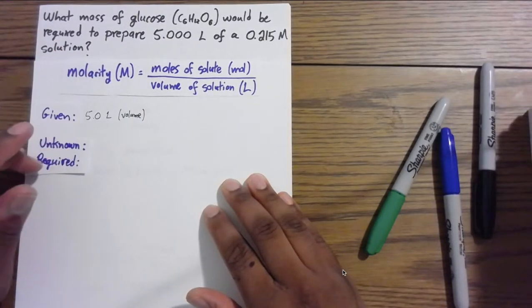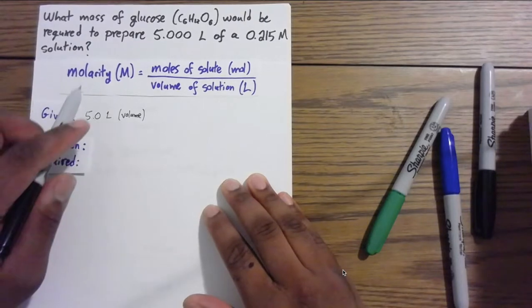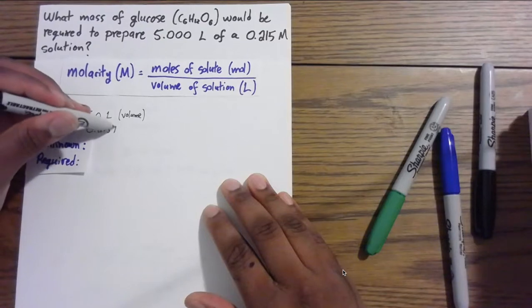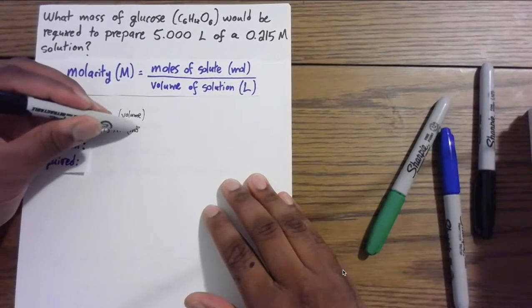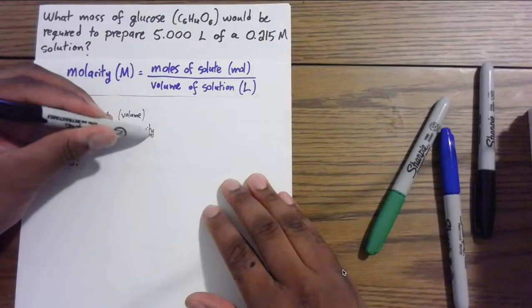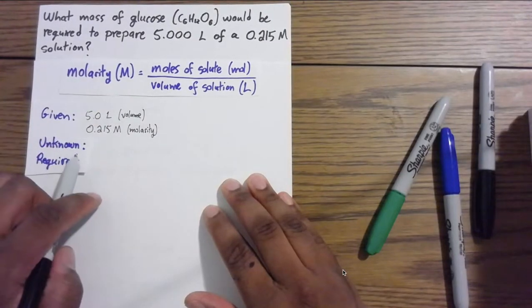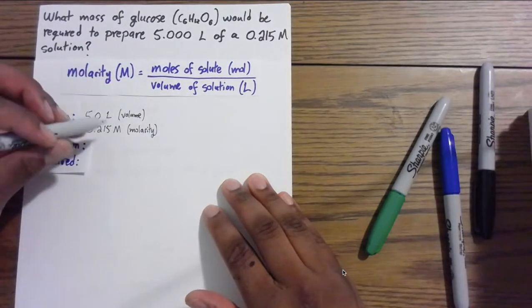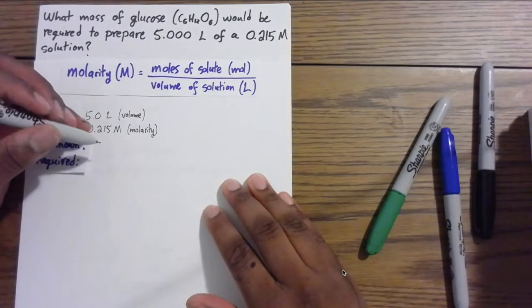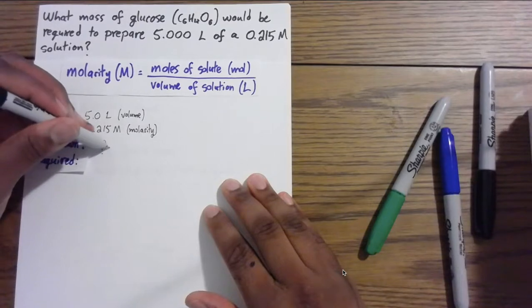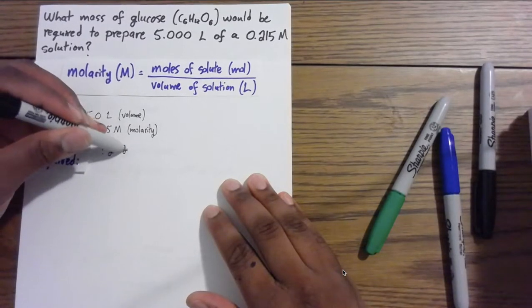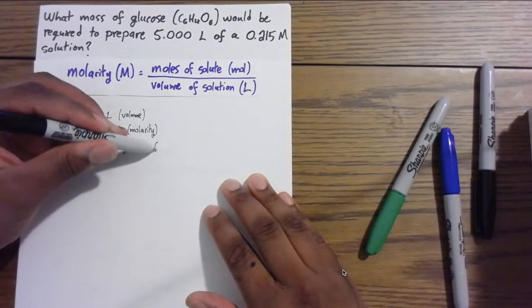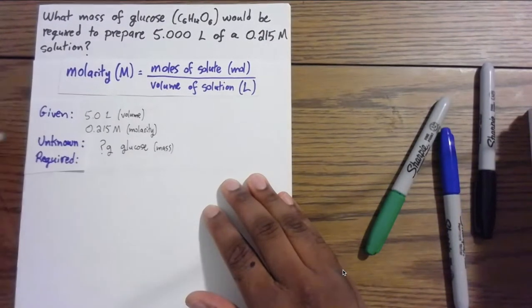Another piece is the molarity, 0.215 M. And our unknown is the mass of glucose. How many grams of glucose? We don't know.